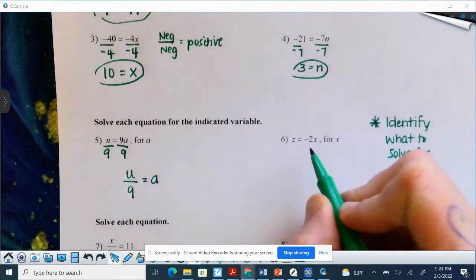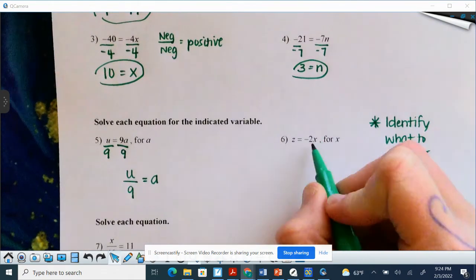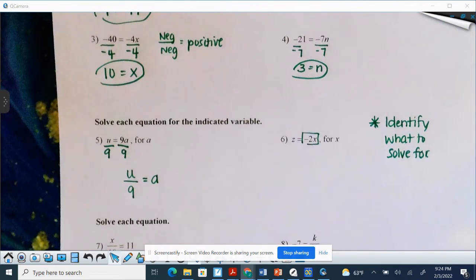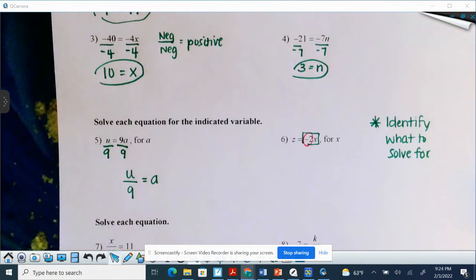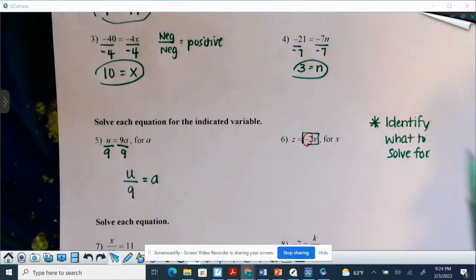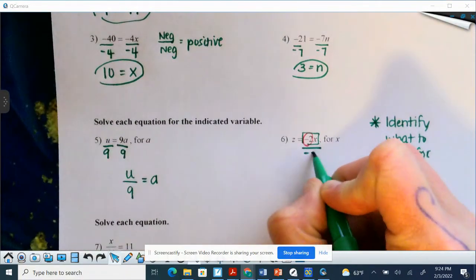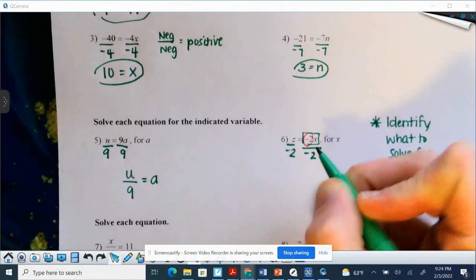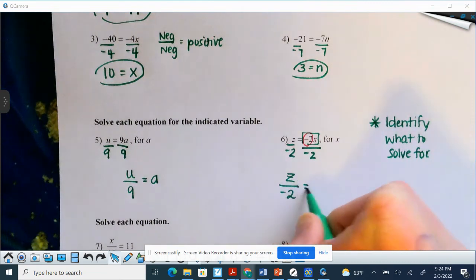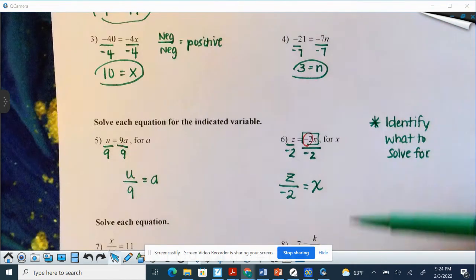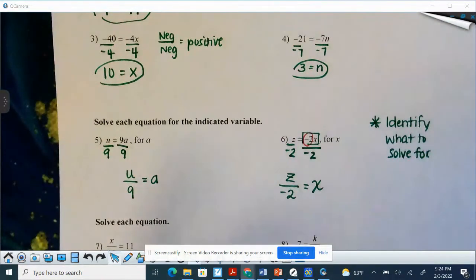Over here, I'm solving for x. So I know I want this guy by itself. The negative 2 is attached by multiplication, and so the inverse of multiplication is division. So I have z divided by negative 2 equals x. My goal was to get x by itself, and in this case, x is by itself.